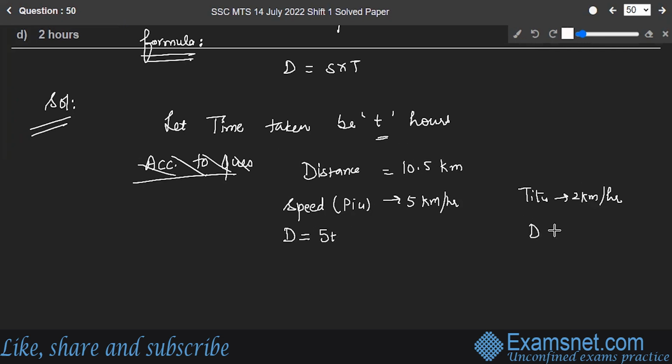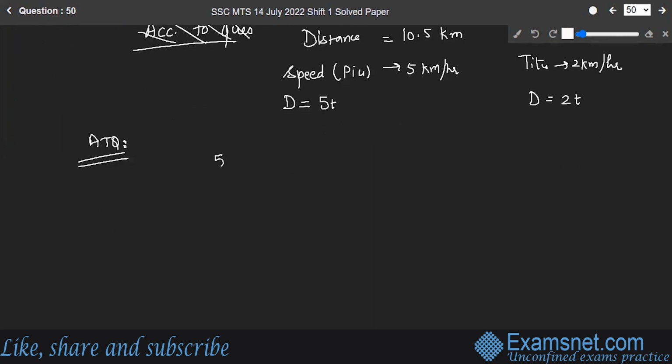And the distance covered by Q in t hours is 2t. Now, according to the question, 5t, the distance traveled by P in t hours, plus the distance covered by Q in t hours is equal to 10.5, or 7t is equal to 10.5, or t is equal to 1.5 hours. Therefore, P and Q will be apart by 10.5 kilometers in 1.5 hours.